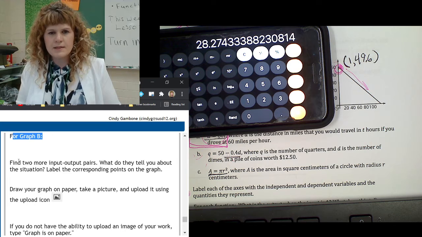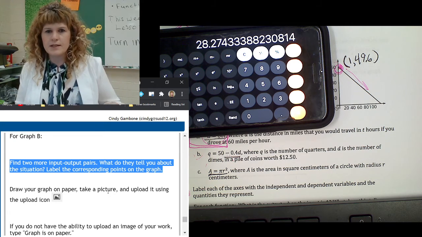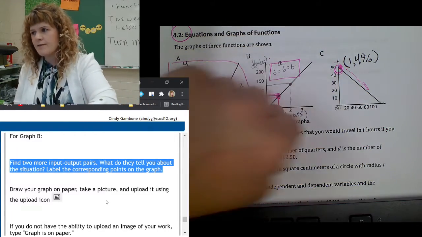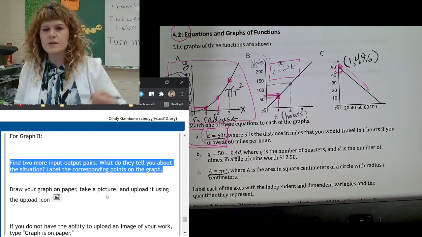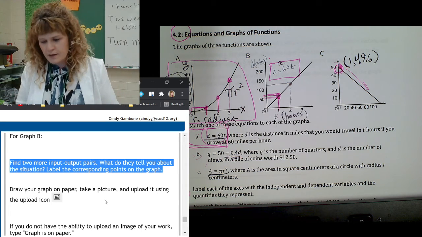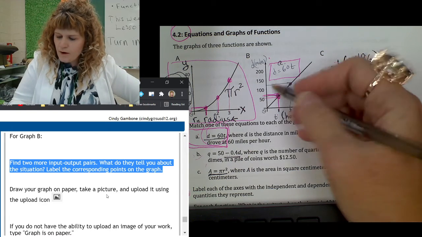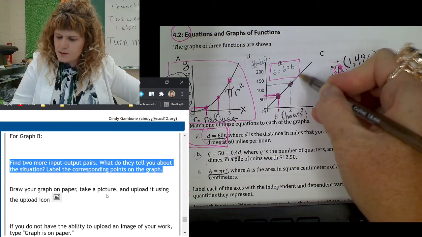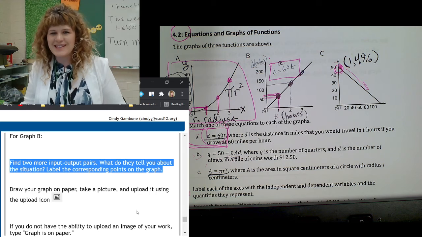Okay, for graph B, same thing. Find two more input-output pairs. What do they tell you about the situation? So for each graph, you are telling two more points on the line. Those are called the input-output pairs. For graph B, we've already looked at t equals 1. Let's try t equals 2 and t equals 3. This one's easy because it's just 60 times t.